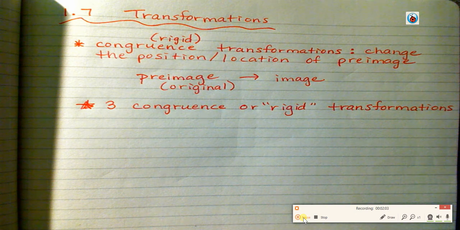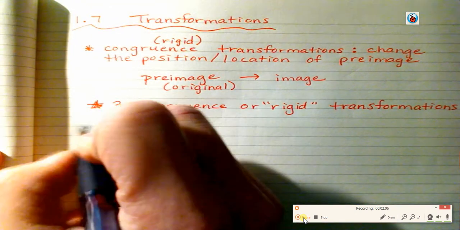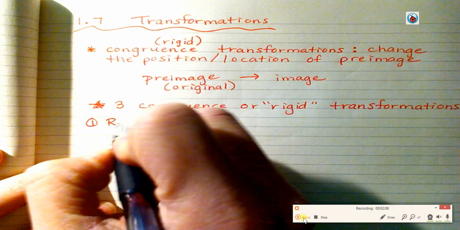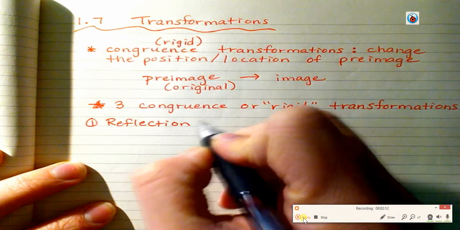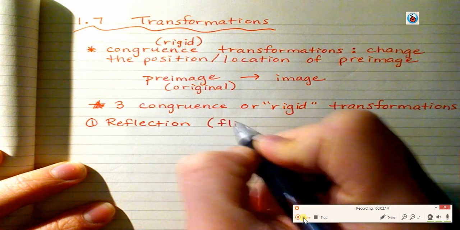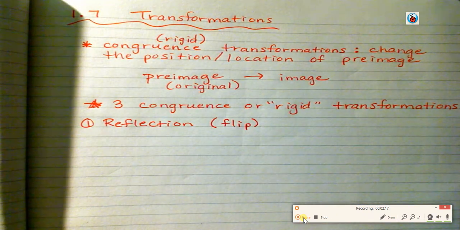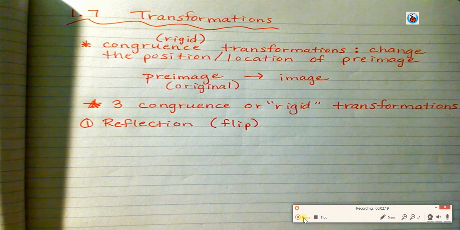Okay, one of the first types of transformations we're going to look at is called a reflection. A reflection is kind of like a flip. If you reflect something, you're going to flip it.